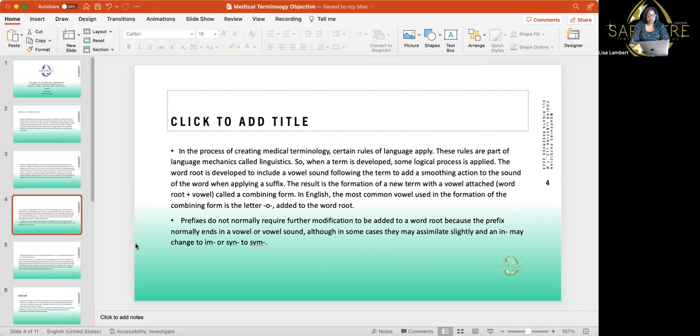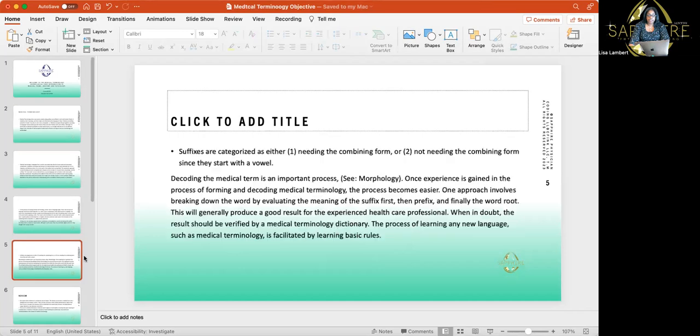Okay, so let's go to the next one just quickly. That's all I'm doing. When you join the program, this will be in depth. I will go through this at 100, and then we'll get more of an understanding of what we're looking at. Suffixes are categorized as either needing the combining form or not needing the combining form, since they start with a vowel.